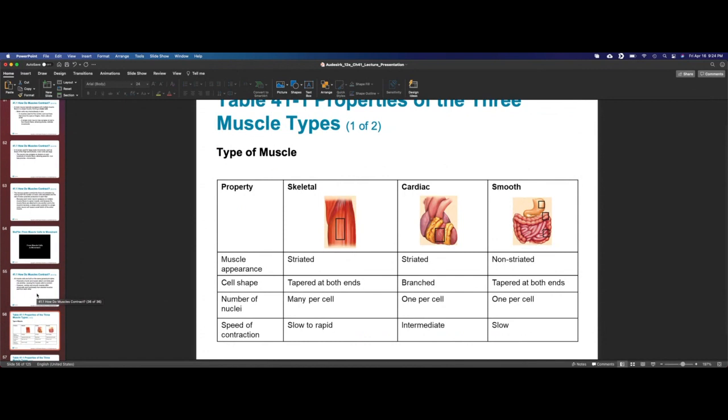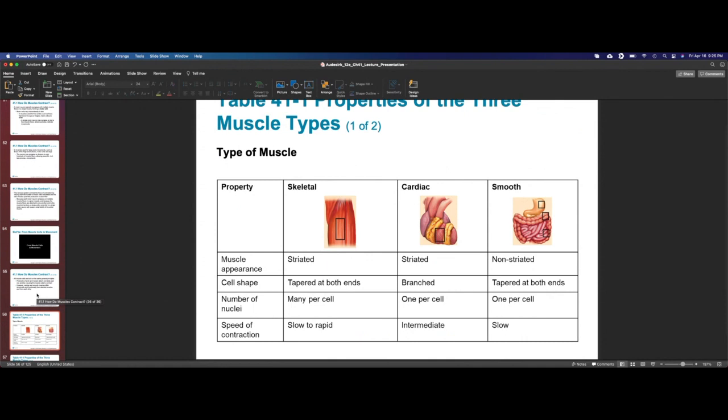For instance, those multinucleated cells that I was talking about, you're going to really only find that in skeletal muscles. Cardiac muscles, which of course make up the heart, you're going to have one nucleus per cell. And in the smooth muscles, which are going to be used for things like digestion and breathing, not under conscious control, you're also going to have one nucleus per cell.